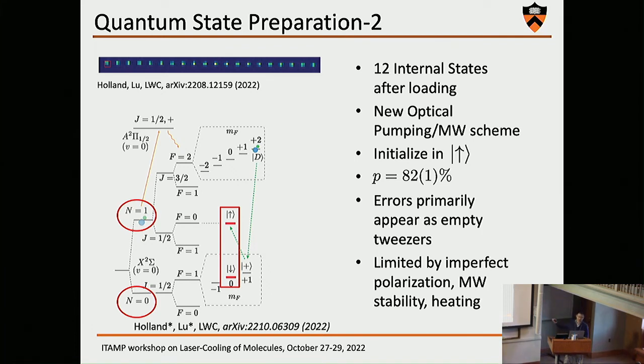Because of this clean-out pulse, the errors that we get primarily appear as empty tweezers rather than molecules in the wrong internal state. And this actually is a nice feature. So the overall fidelity of this whole process ends up being about 82% in what we put on the archive.